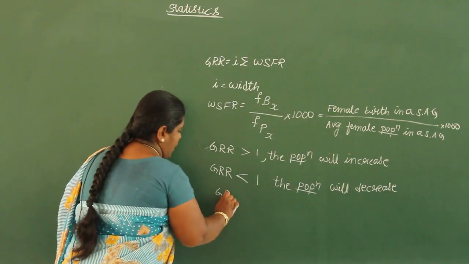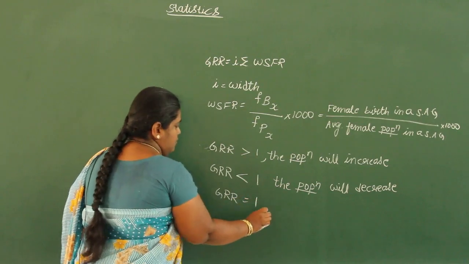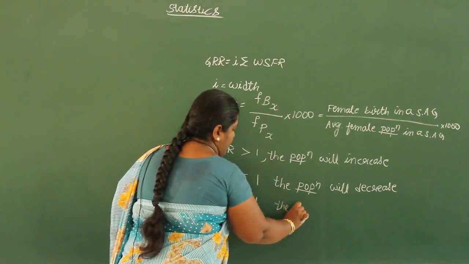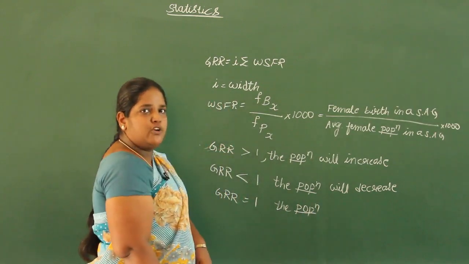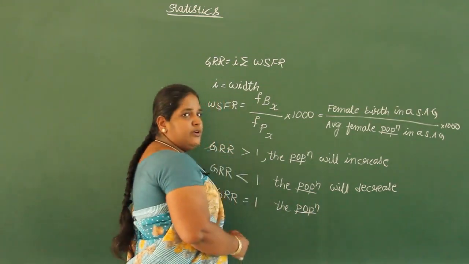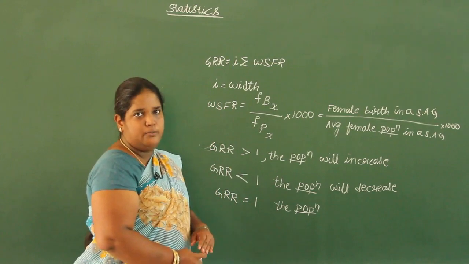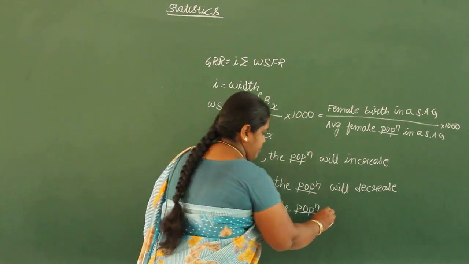If GRR equals 1, then the population will maintain itself. That means there will be an equal number of births of girls and births of boys.